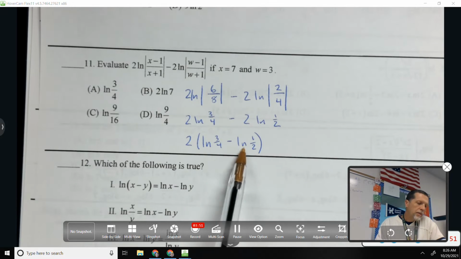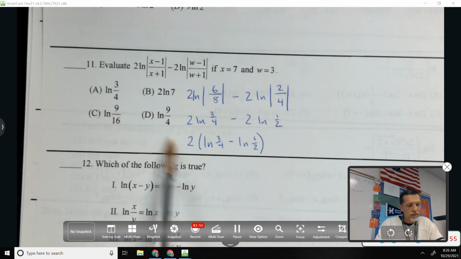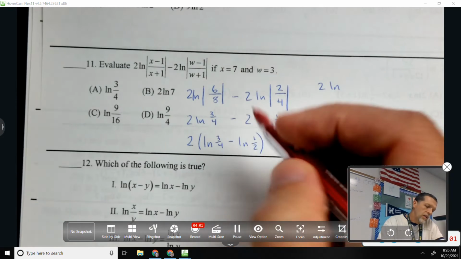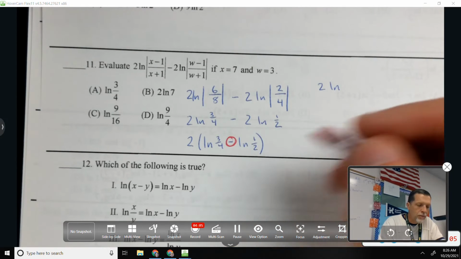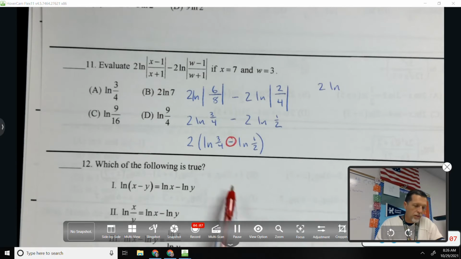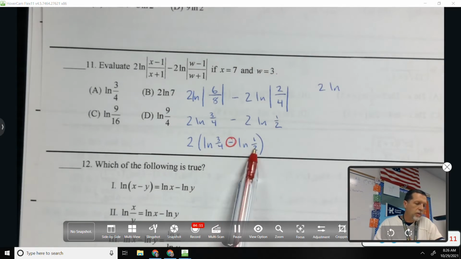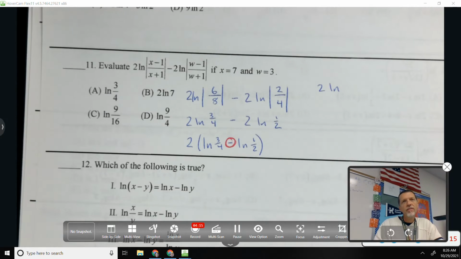So how do I combine? Again, I'm looking at my answer choices, and none of them have 2 natural logs. So I need to combine this into one statement. Do I need to make the 2 fractions the same denominator? I could, but I don't need to, because if I'm subtracting 2 logs, what am I going to do with their arguments?